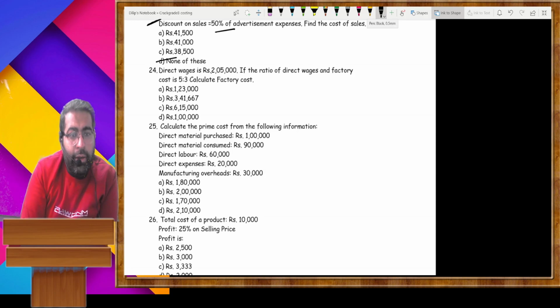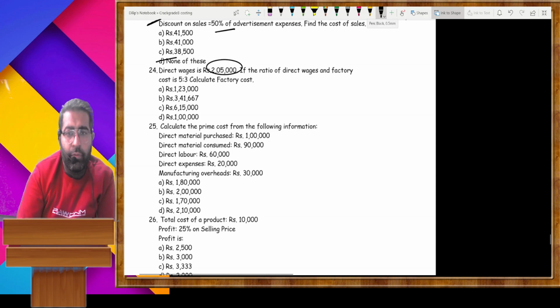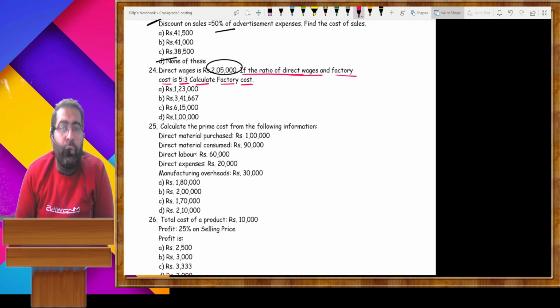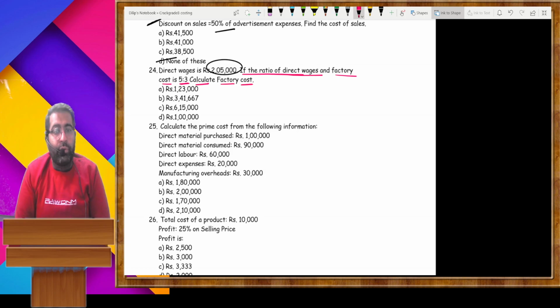Just look here. Direct wages 2,05,000. If the ratio between direct wages and factory cost is 5:3, calculate factory cost. How would you calculate it? Think quickly. You have to find factory cost. Listen.